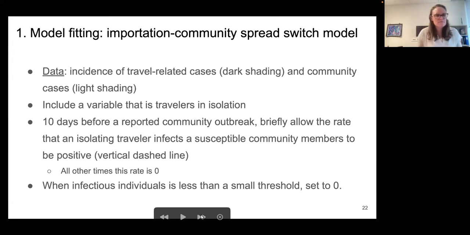At all other times, we don't allow for that connection between the importation and community spread model. And when infectious individuals in the community is less than a small threshold, we set that equal to 0. So that's basically what the importation community spread model is.